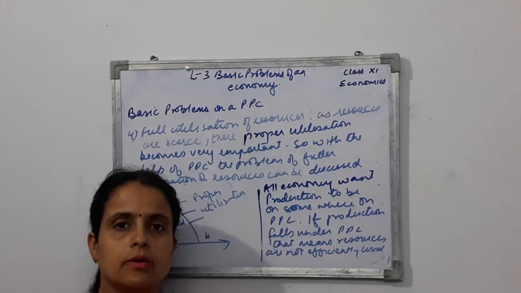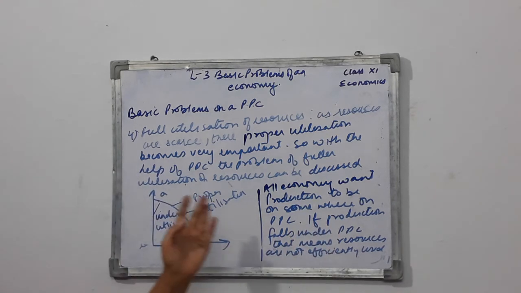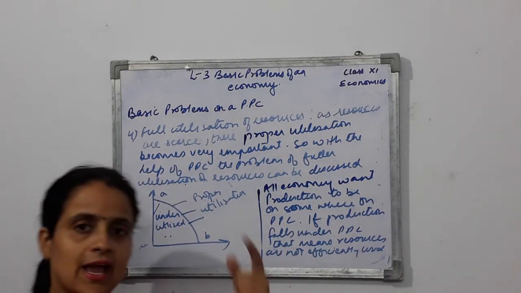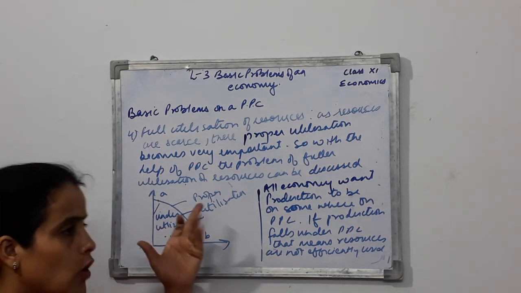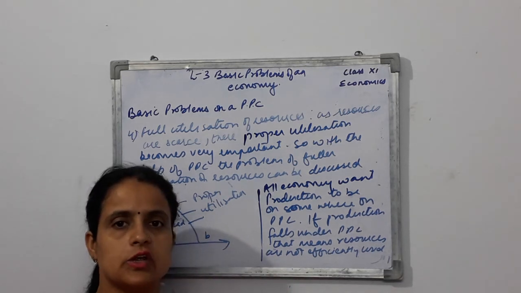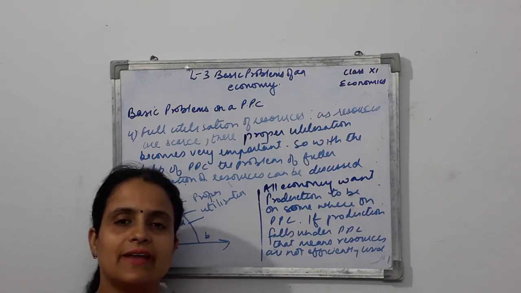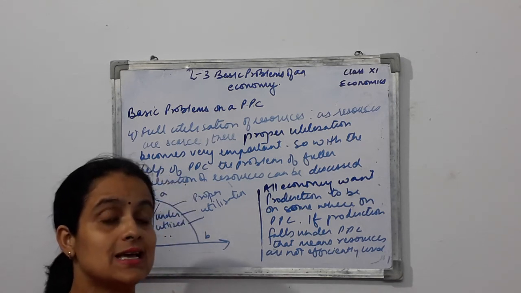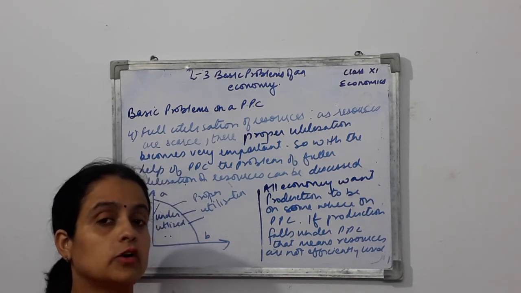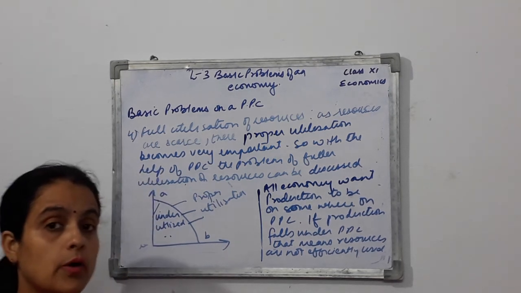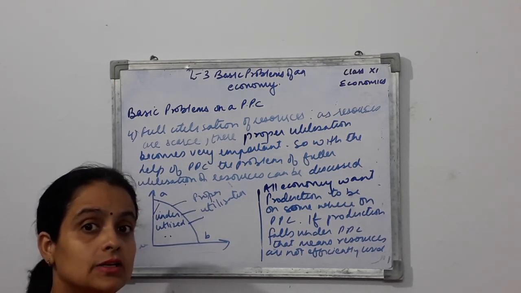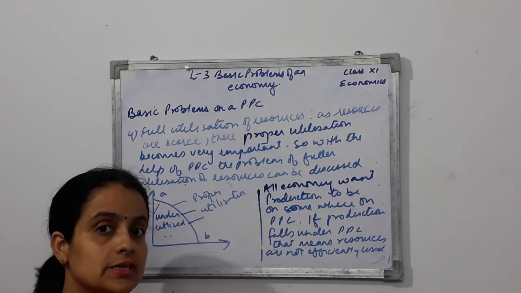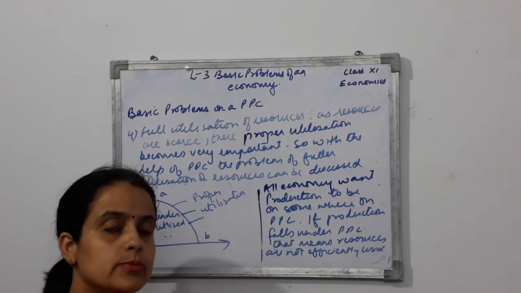So how many problems have we done? Four problems. The first problem was the problem of scarcity. Then there was the problem of choice. We have to make a choice whether to go for combination A, B, C, or D. Always remember that if the production of one commodity is reduced, you are reducing it in order to gain the other commodity's production.